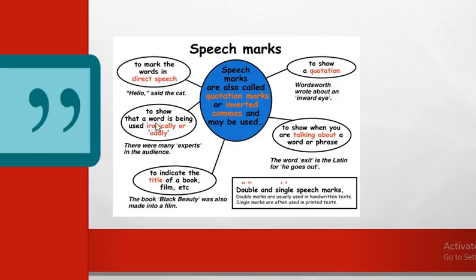They are also used to show that a word is being used ironically or oddly. There were many 'experts' in the audience. In the sentence, the word experts is within single quotation marks. Here, hello is within double quotation marks.